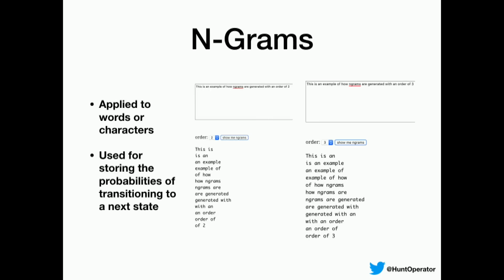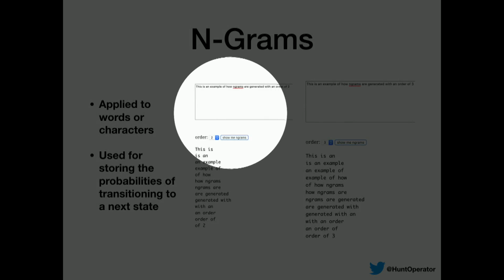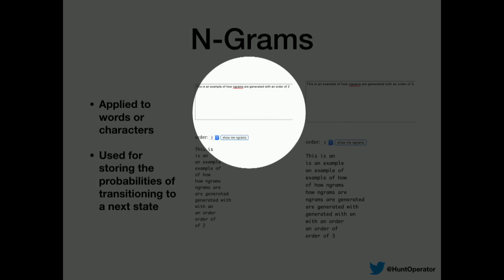So what is an n-gram? You hear that a lot in the community. An n-gram looks at the transitional properties and then calculates some type of value. So in here I have two examples. On the left-hand side, it's showing an order of 2, which would also be known as a bigram. And you can see the way that this is working. The sentence is, this is an example of how n-grams are generated with an order of 2.